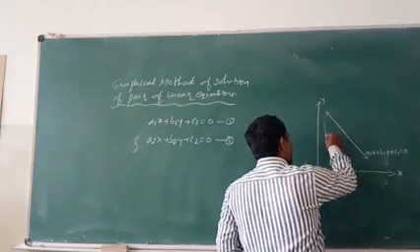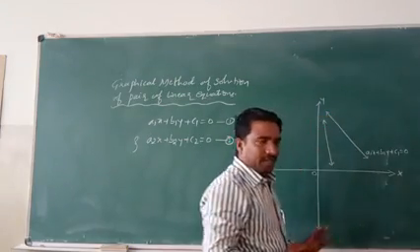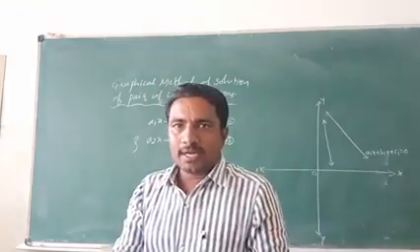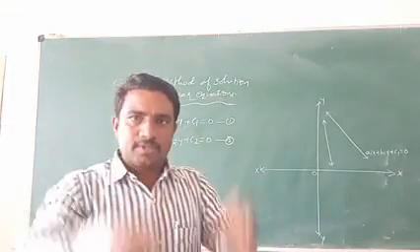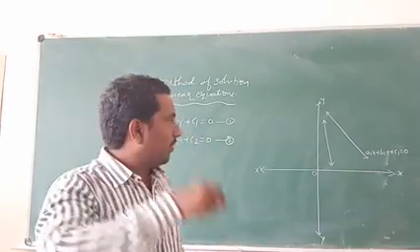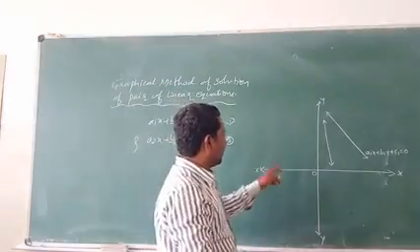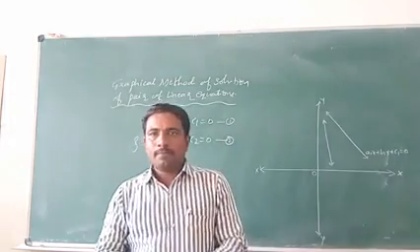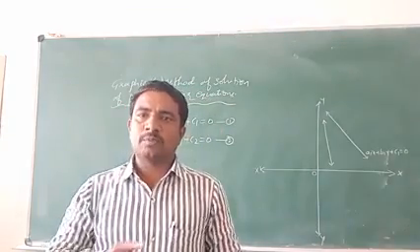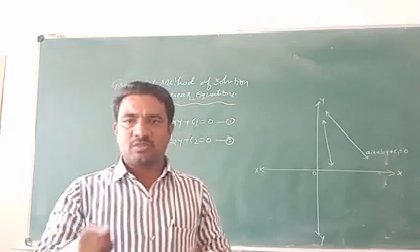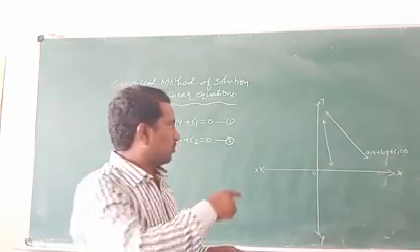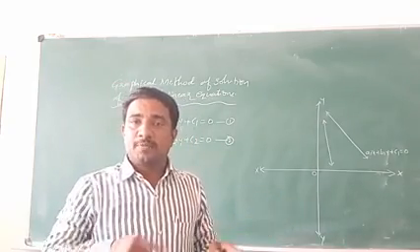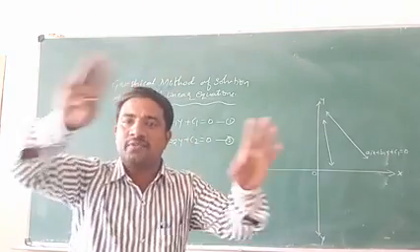This straight line is like this. These two straight lines may be in the first quadrant, or the second quadrant, or the third quadrant, or the fourth quadrant, or it may pass through the first and second quadrants, or the second and third quadrants, or the third and fourth quadrants, whatever it is.